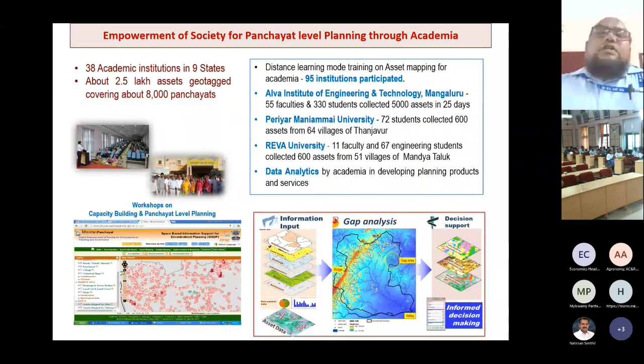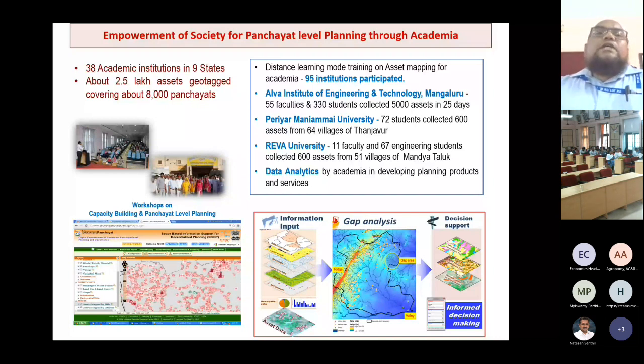So these are some of the further 3 4 slides. Here I just wanted to show you how these are being used in various levels of planning. At the same time, we also are educating the educational institutes and others to contribute in doing geotagging information.